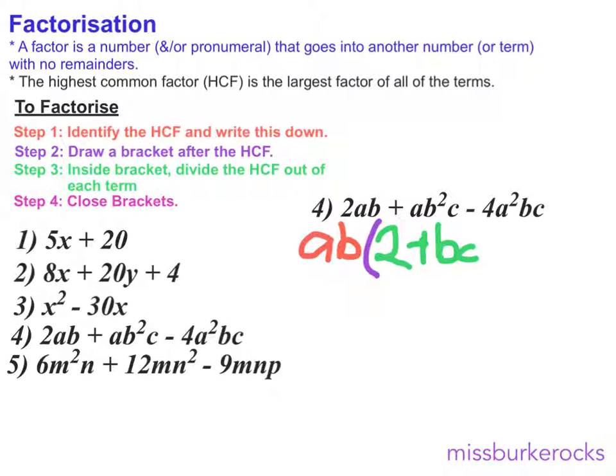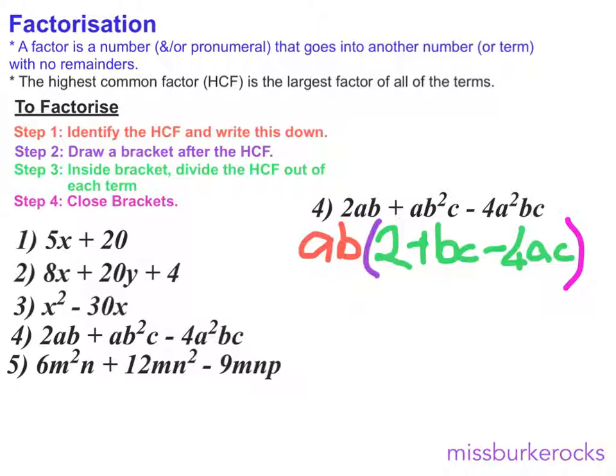Then I look at negative 4A squared BC, dividing out that we leave our negative 4, still got an A, the B's divided out, so it's 4AC, and then I just close my brackets.